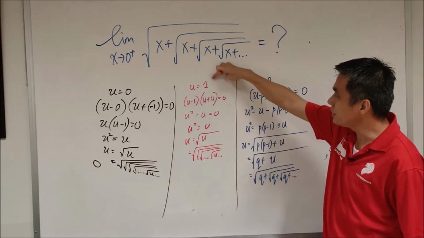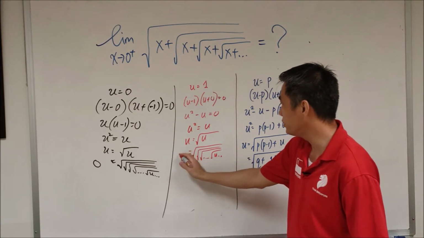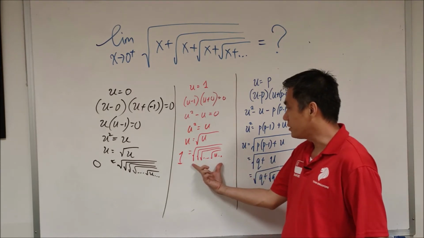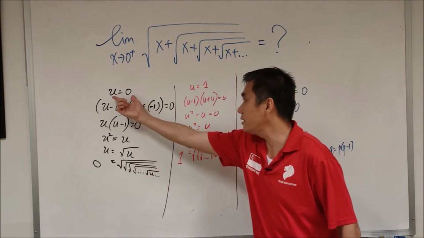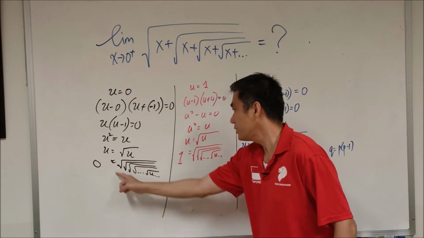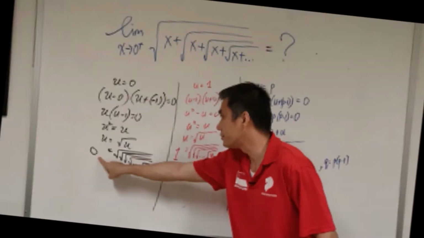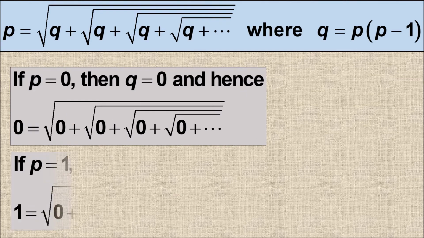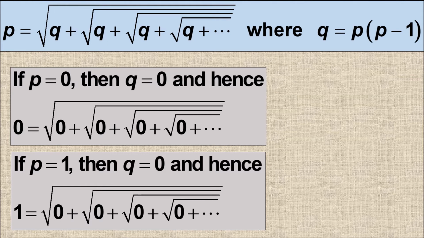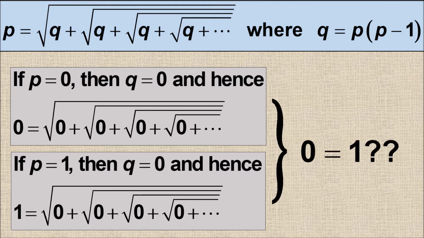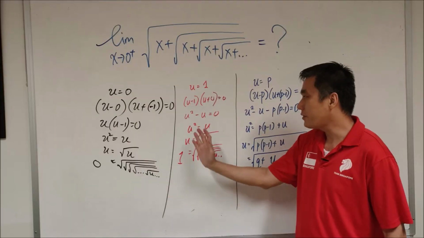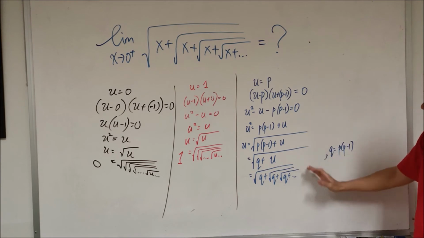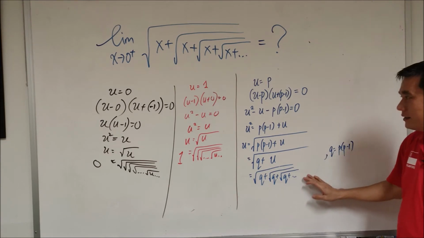We start with u equals 1, and therefore this is 1. In this case, we just showed that this expression equals 1. But previously, we showed that the same expression equals 0. Definitely, there must be something wrong. It suggests that if we want to use this method, we have to check whether there is any condition.